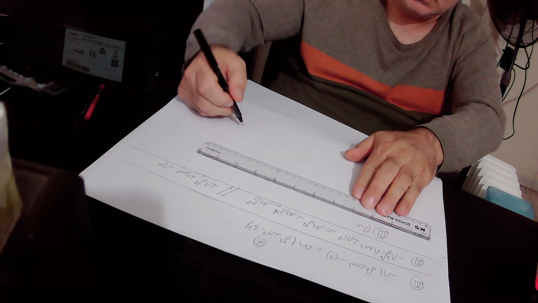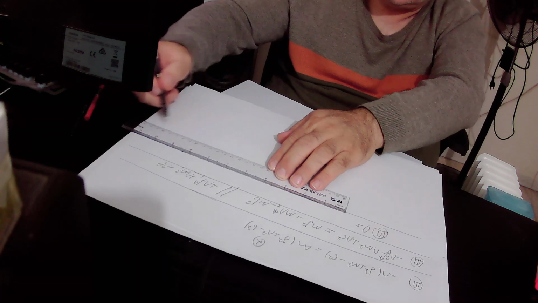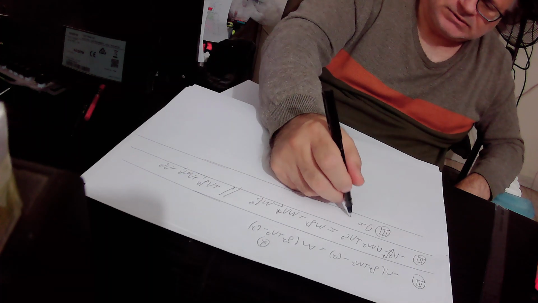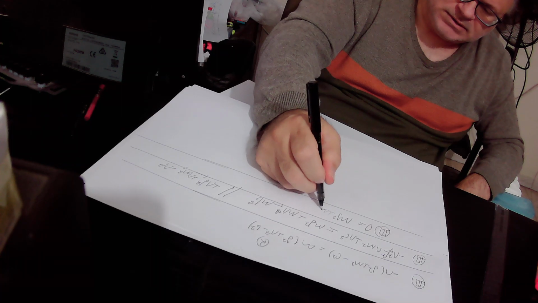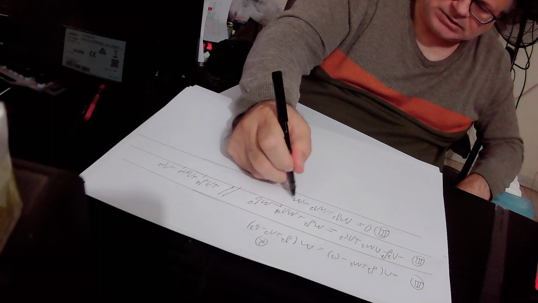And it is equal to md squared plus mn squared minus mb squared.